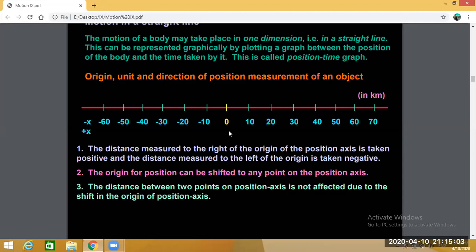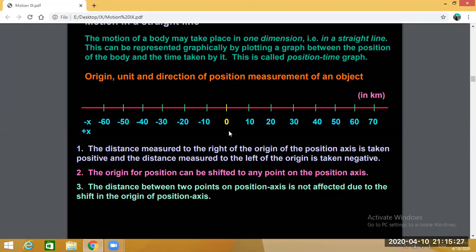So distance measured to the right of the origin of the position axis, this is called position axis right now, is taken to be positive, and the distance measured to the left of the origin is taken to be negative. The origin for the position can be shifted to any point on the position axis.